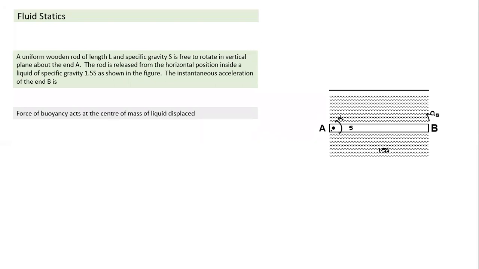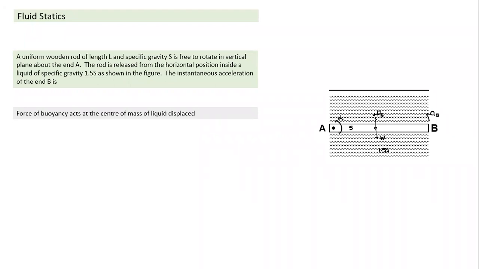Here the liquid displaced is in the form of a rod, so its center of mass, and thus the center of buoyancy, is at the midpoint. So FB will act like this, and the weight will act like this. Both act at the center of mass.